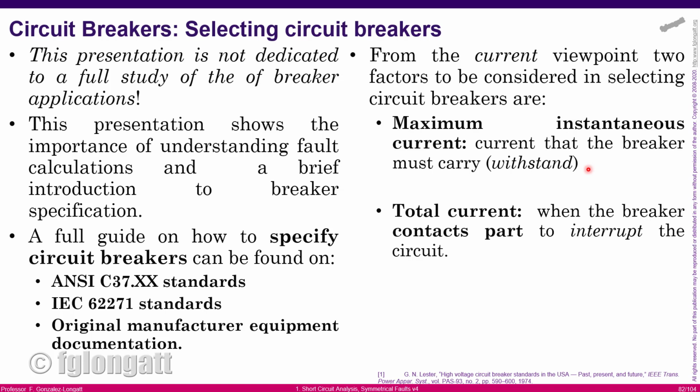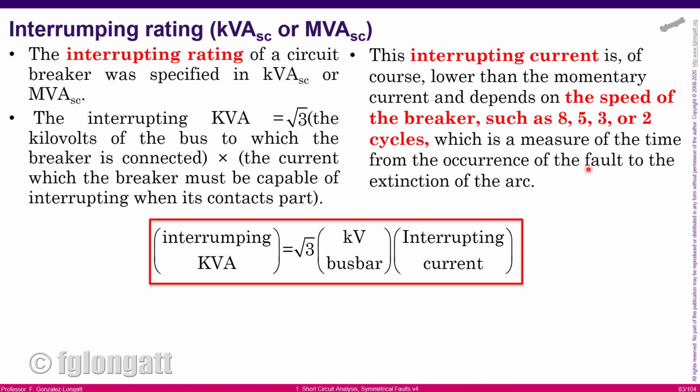That is the current that the breaker must cut down and break the arc, that is the current that we need to stop. Over here, we use the name interrupting rating.